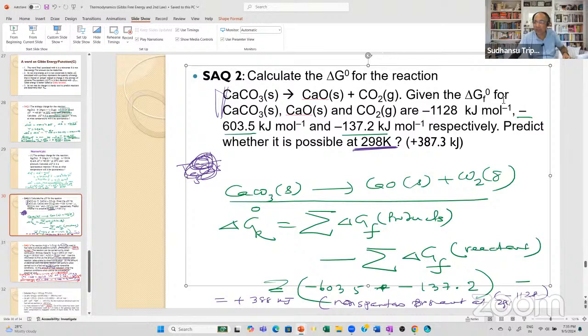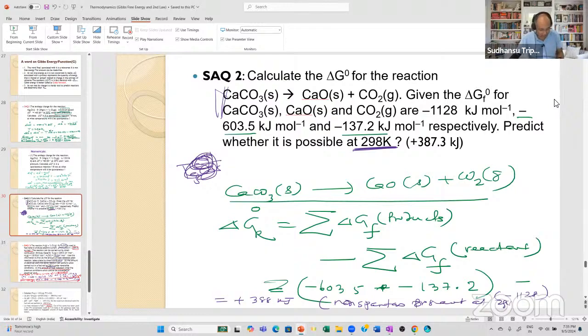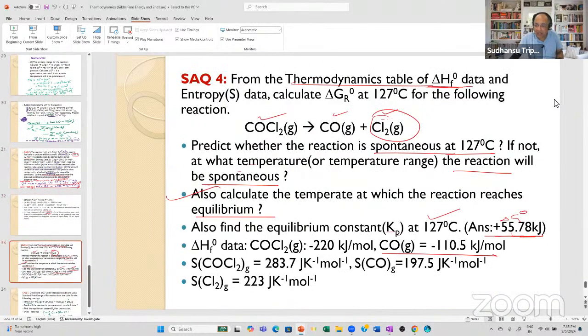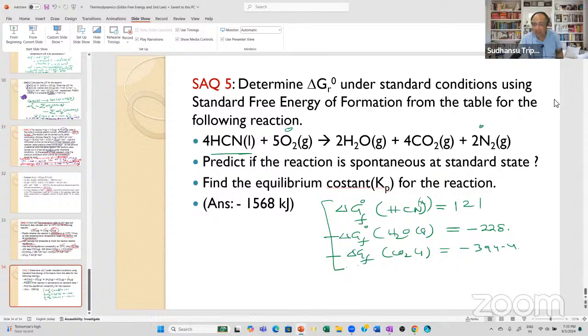Until and unless we apply them, we are not convinced about the concept we learned. Otherwise it is meaningless. Then let us find the standard free energy change for this reaction.